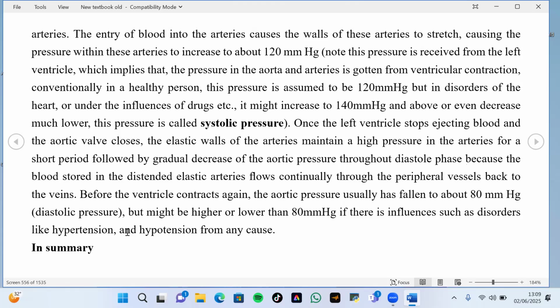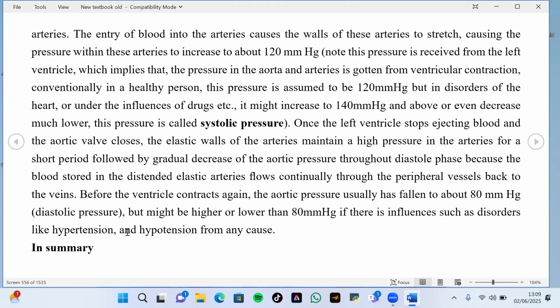And this pressure is assumed to be 120 millimeter mercury. But in disorders of the heart or other influences of drugs, it might increase to 140 and above, or even decrease much lower. So this particular pressure that leaves the ventricle as the ventricle pumps and is received by the aorta and other smaller arteries is known as the systolic pressure.